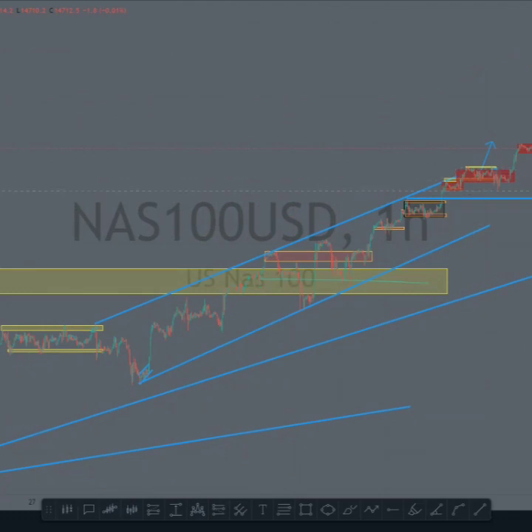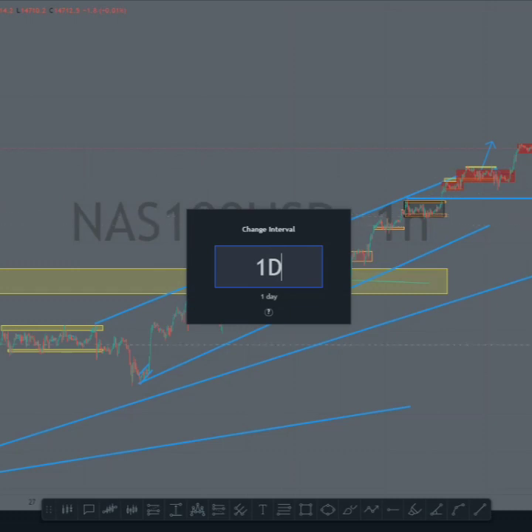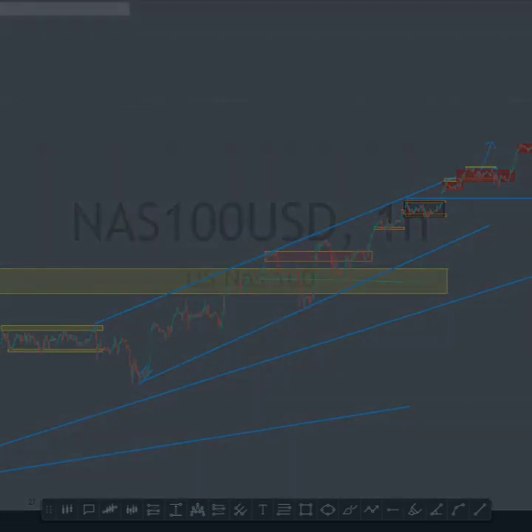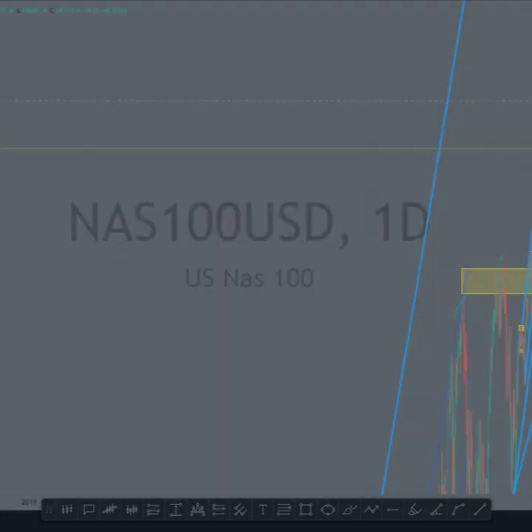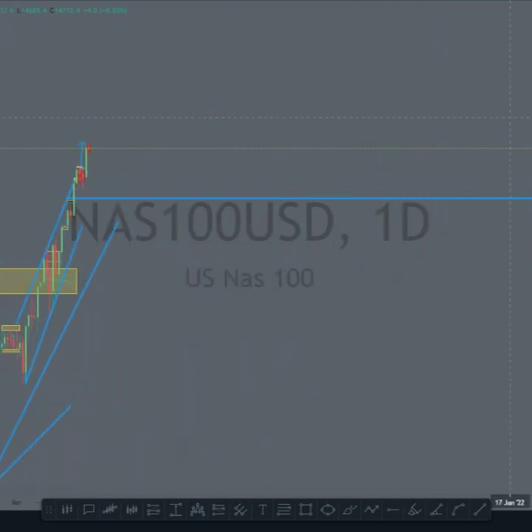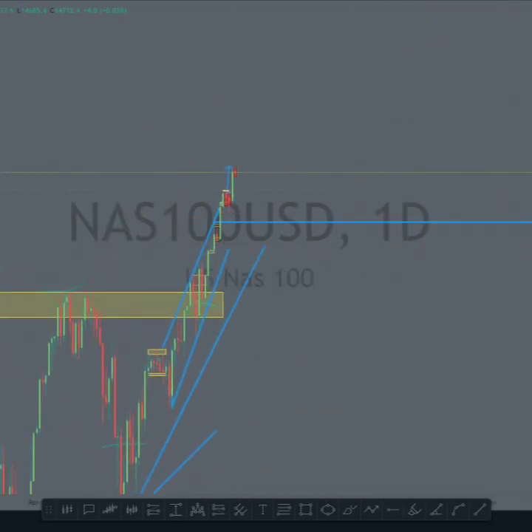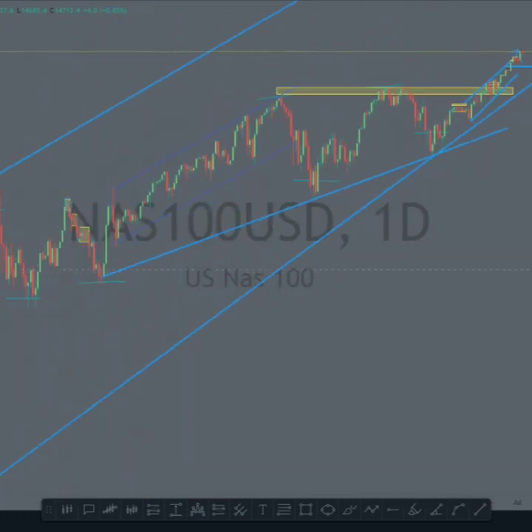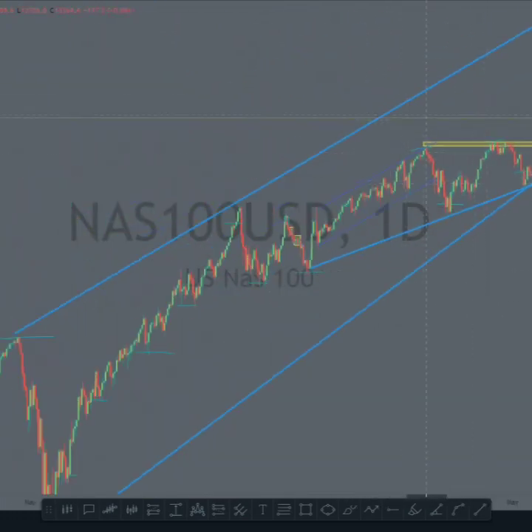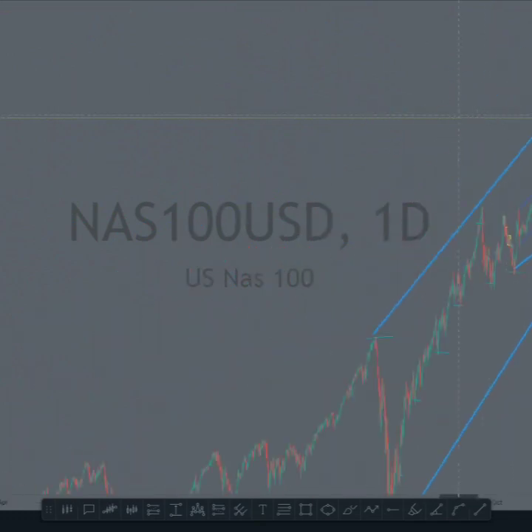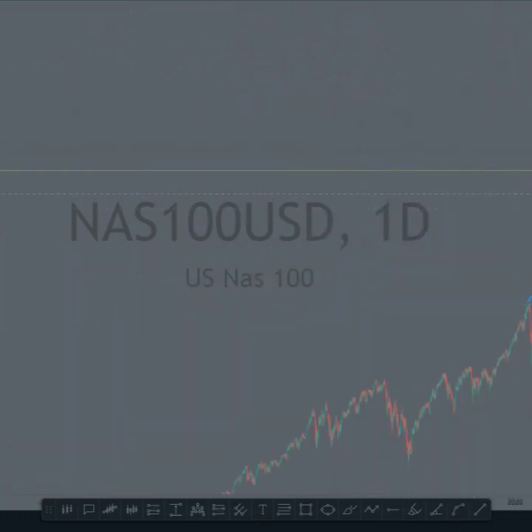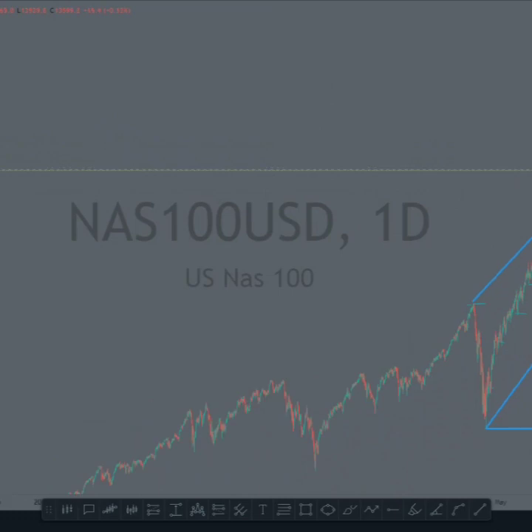But let me go to a daily time frame and check whether NASDAQ will take, because you can see even here, we can see here that it's a new higher high for this year.